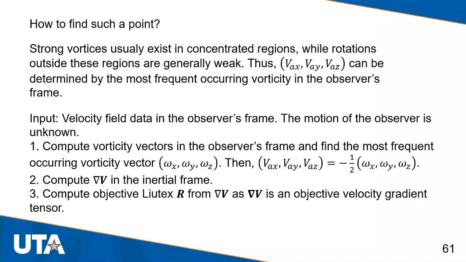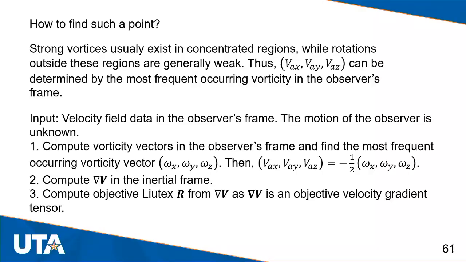In this work, because strong vortices usually exist in concentrated regions, that's the observation. The system tends to go to an energy-least state, right? Least energy means less vorticity, so the vorticity usually concentrates in small regions.